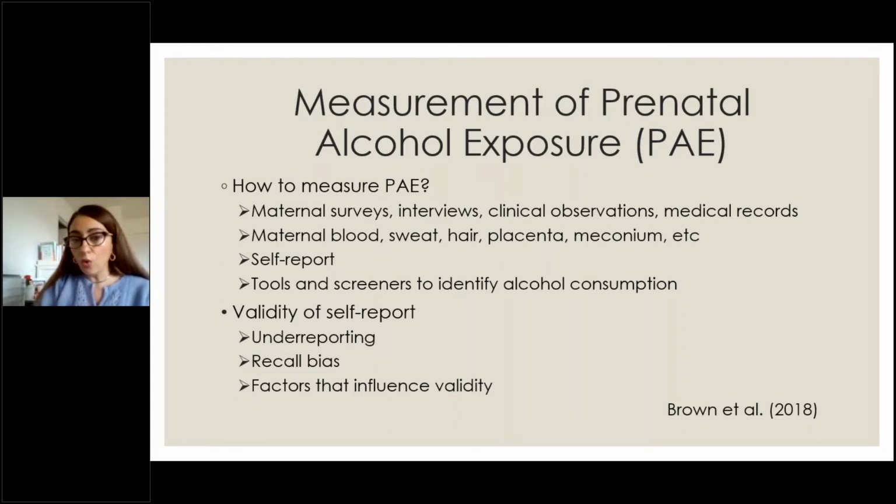Some of these are called biomarkers of alcohol. Some of these look at fluids such as maternal blood, sweat, oral fluid, hair, placenta, the newborn's blood, urine, hair, or meconium. However, there is limited evidence to support these tools, and the validity of just picking it up every time is not as well established as we are able to do with drug exposure.